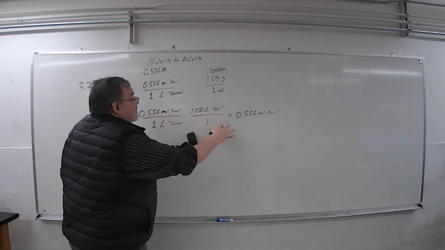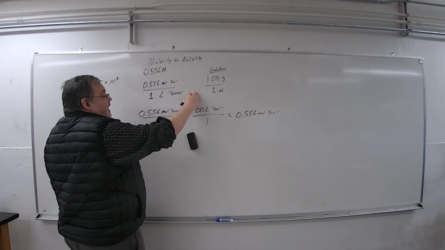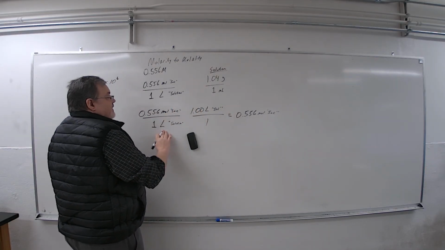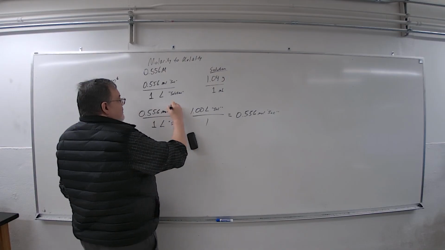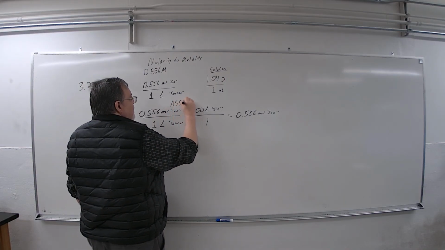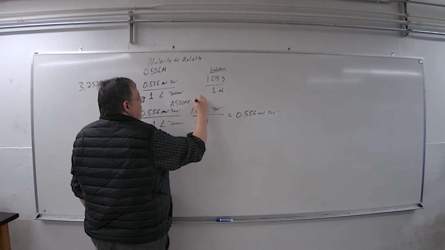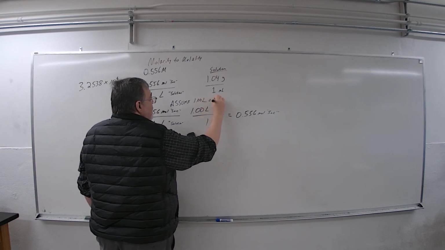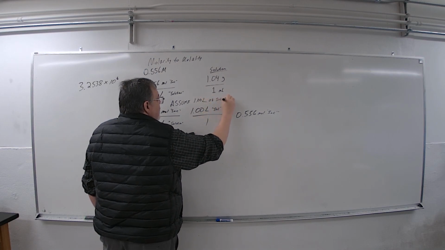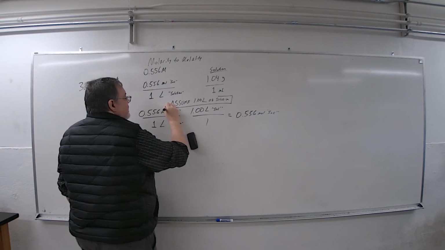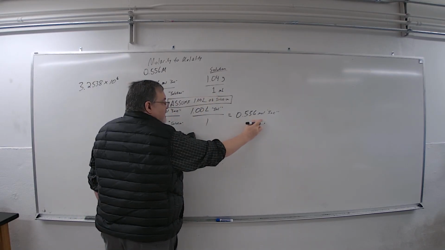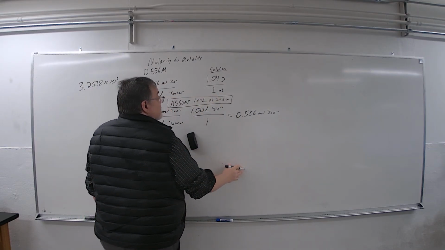Okay, so you go that direction, and then you go this direction. If I have one liter of solution, assume that, which automatically makes 0.556 moles of sucrose.